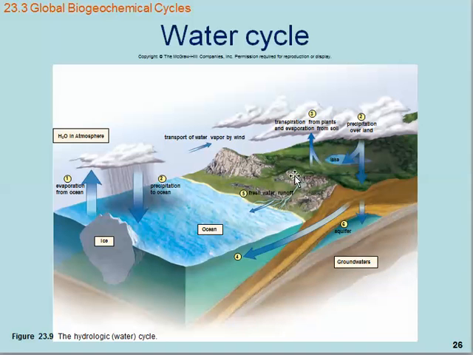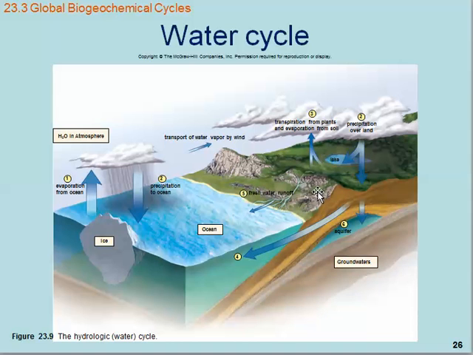Now, when it falls back to the earth, what happens to it? Well, some of it joins what we call runoff. There's surface runoff. This is what our rivers and streams do. They collect water from the Earth's surface and deliver it back into a larger body of water. Some of the water molecules penetrate the ground and join the groundwater flow, which also is flowing toward larger bodies of water.